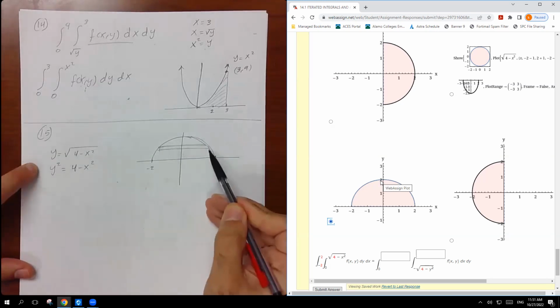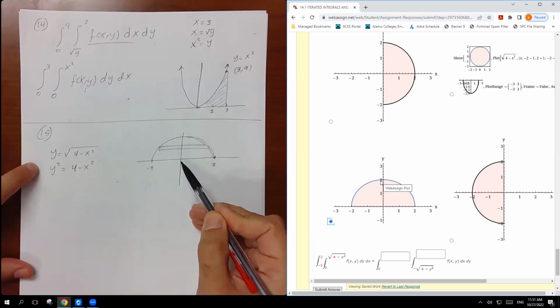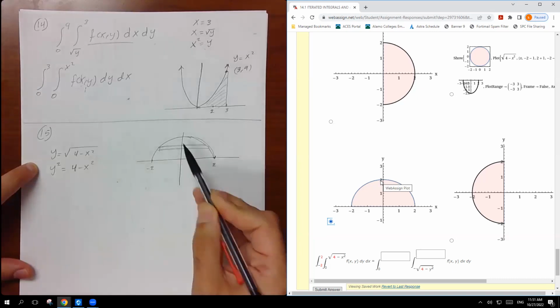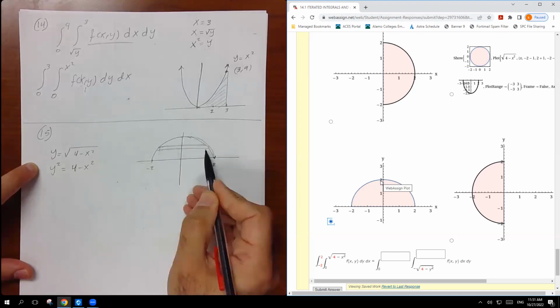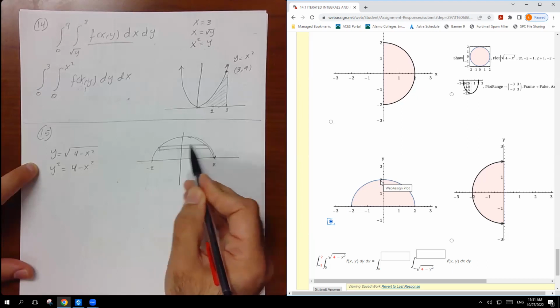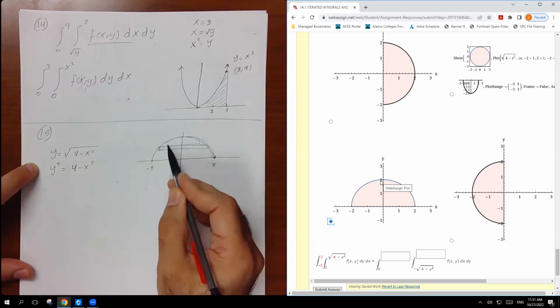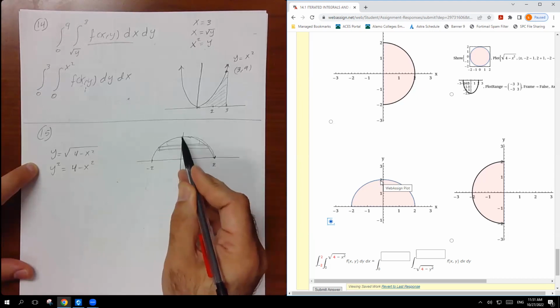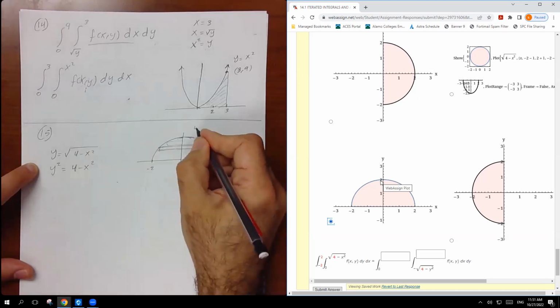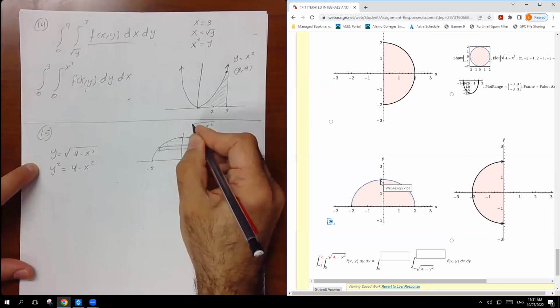From -2 to 2. And as an outside it's going to be from -2 to 2 with respect to the x. And for the y it's going to be from 0 to this one, because you're going to keep plugging rectangles here and keep going up. So from 0 to the curve here, which is y equal 4 minus x squared.